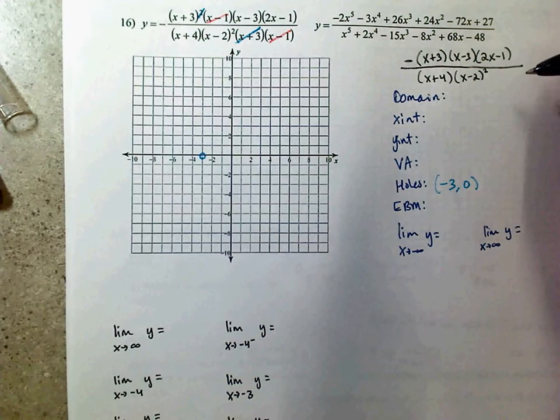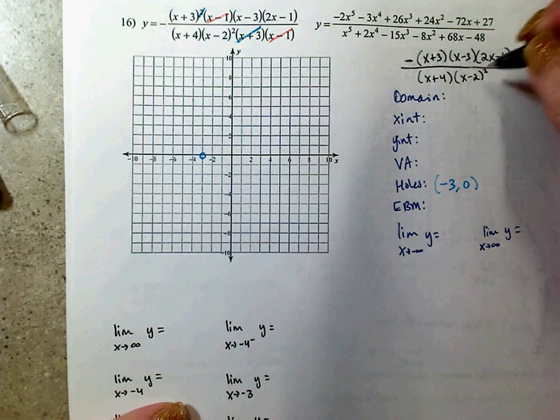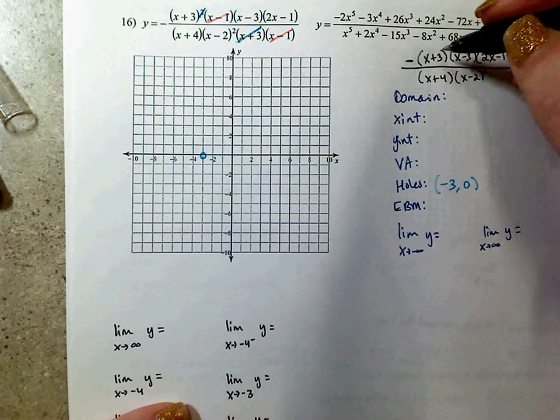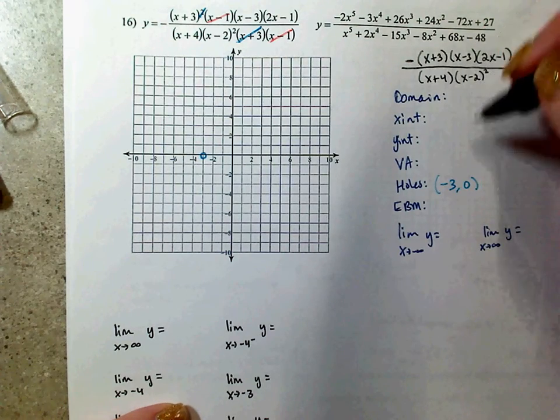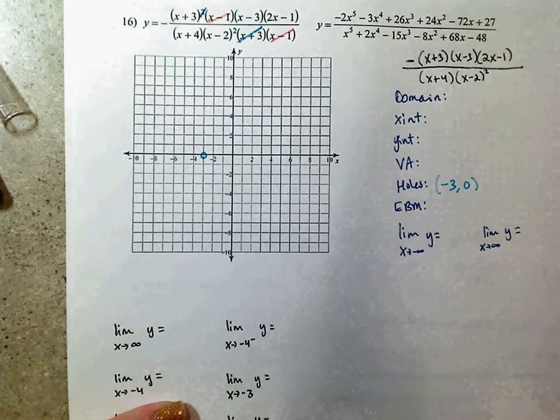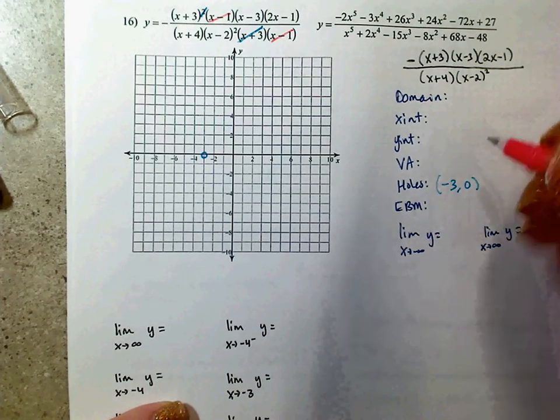Okay? It's a little bit easier to look at this whenever we're plugging in the numbers. So I could have plugged -3 into this, and I got 0 over a number. Okay, so 0. And now I'm going to plug in the root of that, 1. So I'm actually going to do that down here so I can see it.